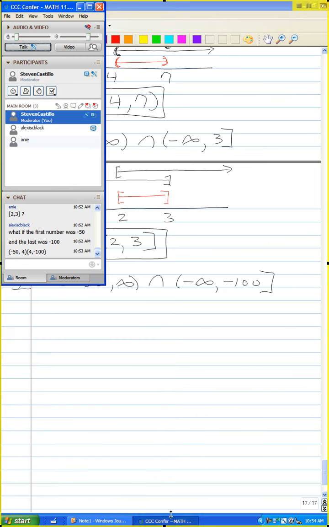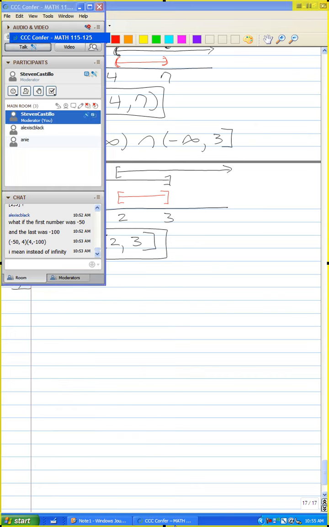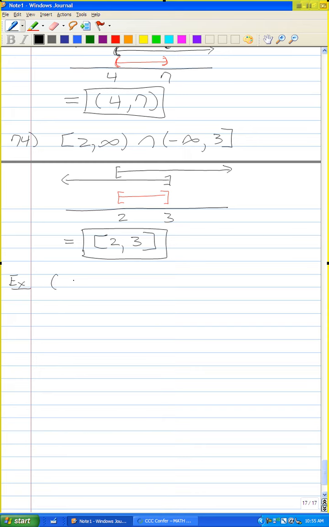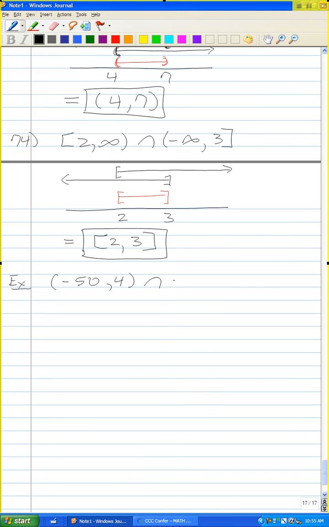Okay, so instead of infinity, let me do this one. Negative 50 to infinity.